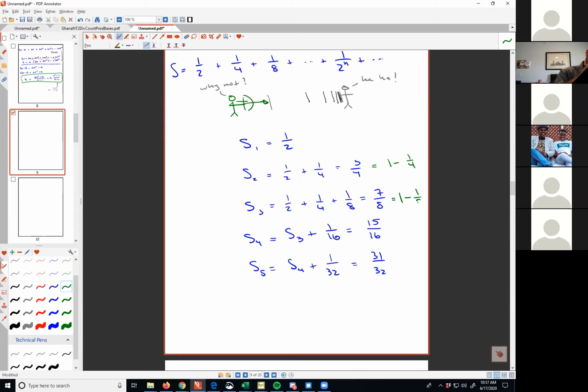The remaining distance is being cut in half as we go. So after infinitely many steps, I claim that we get all the way there.